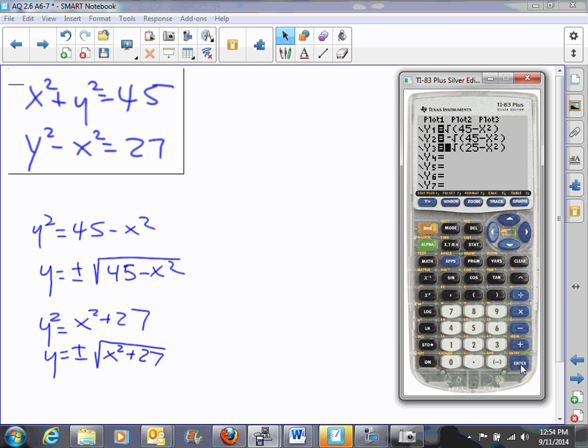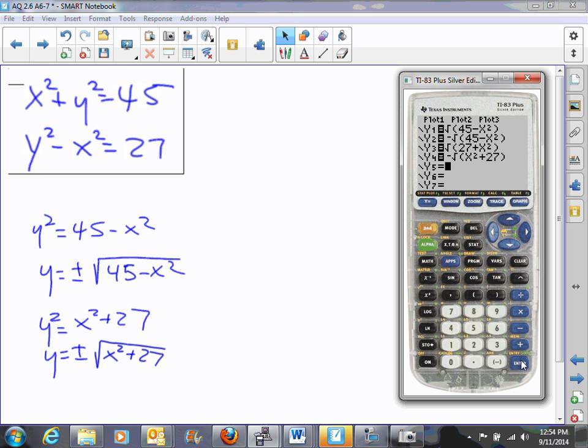The third one becomes the square root of x squared plus 27. Since I already have most of this in here, I'm just going to do that and cheat a little bit. 27 plus x squared is the same thing as x squared plus 27, right? And the last one, the negative of the square root of x squared plus 27, close paren.